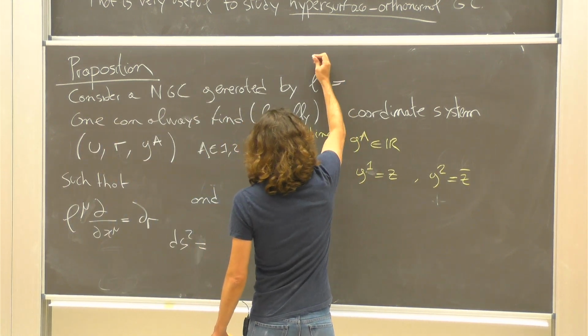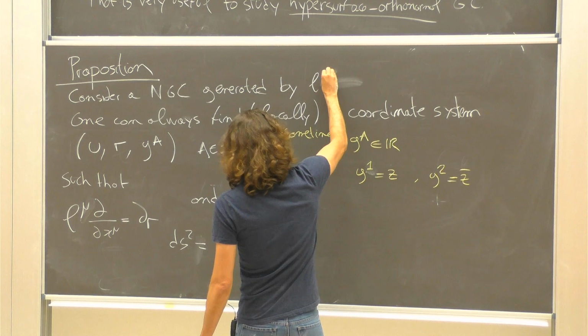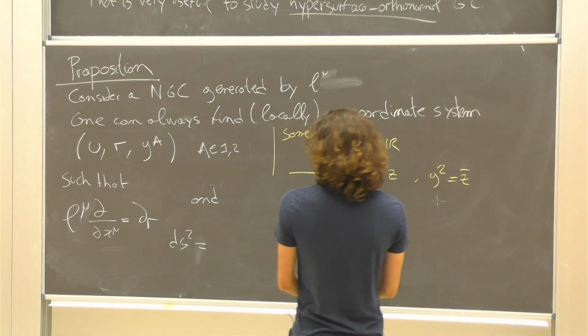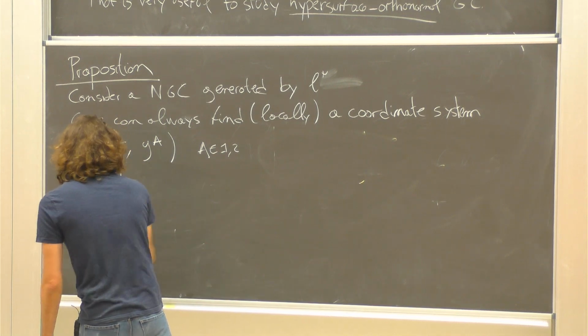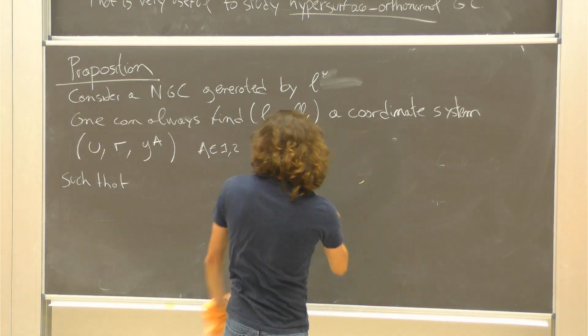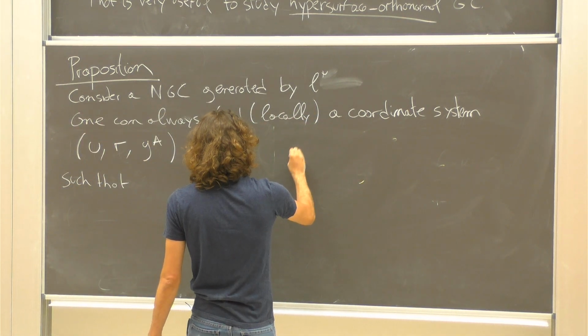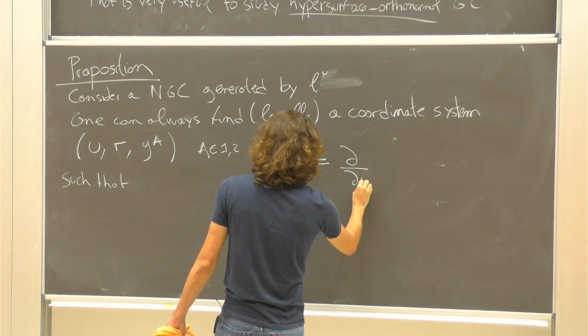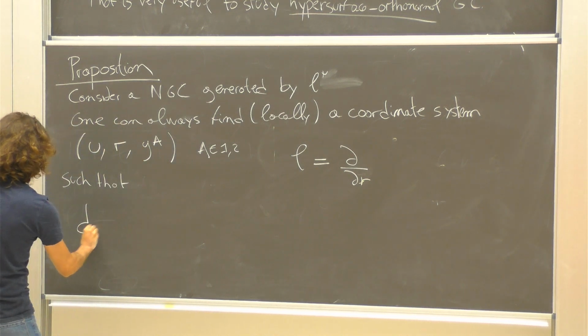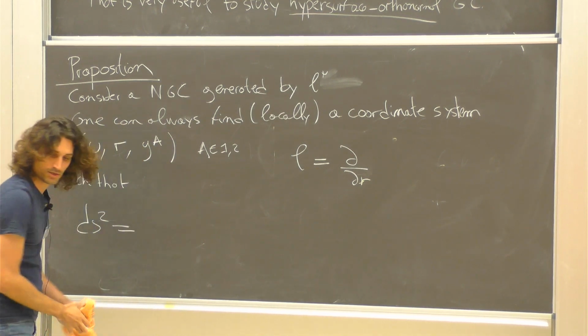Let me erase that, because otherwise my metric is not going to fit on the wall of the blackboard. So such that L equals d over dr, and ds squared has the following form.